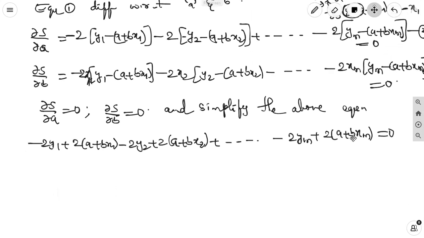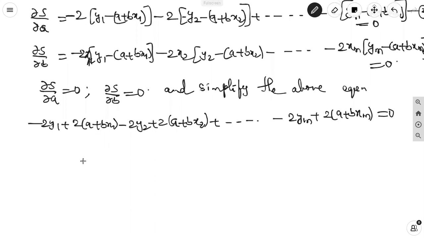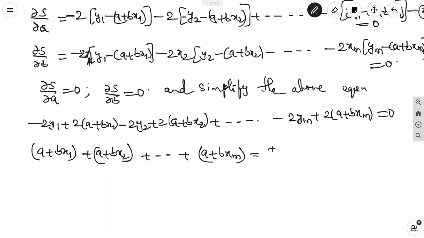In all terms 2 gets cancelled. So a plus bx1 plus a plus bx2 plus so on plus a plus bxm is equal to y1 plus y2 plus so on plus ym.